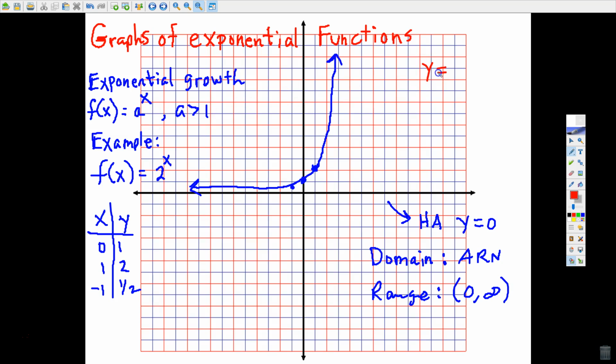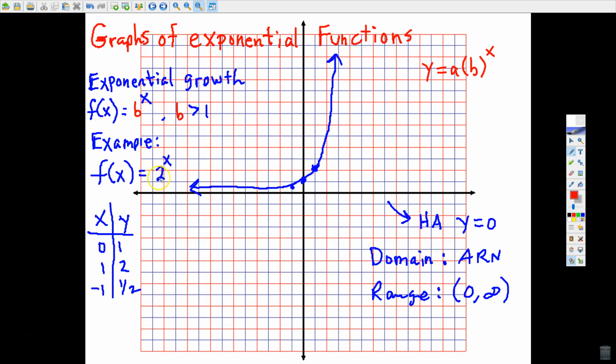I know before we showed exponential functions like this, so maybe just to stay consistent, a just stands for a number, but since it matches now with our previous definition of exponential functions, I'll just make it look like this. So whenever the number directly underneath x is greater than 1, you're going to have what is called exponential growth, and the graph should take on this basic shape.